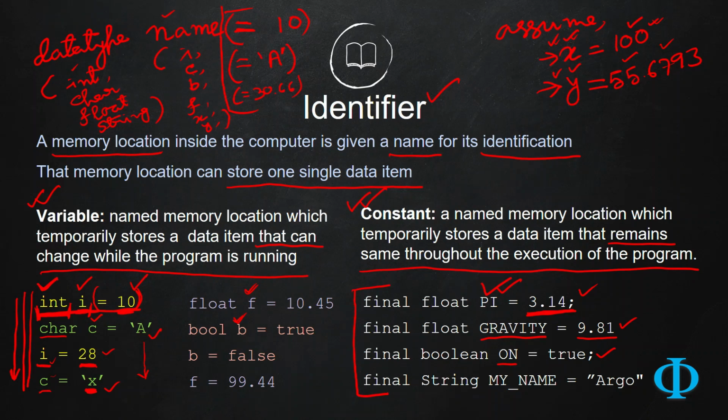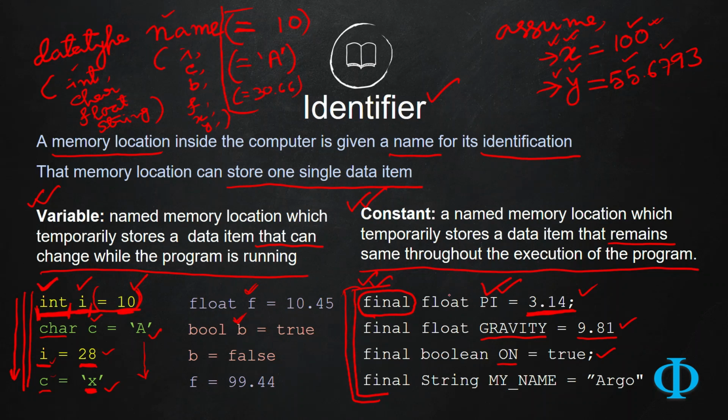Now the constant declaration, as you can see in the right hand side over here, are almost same as the variable declaration, but one minor difference. For every time I declare a constant, I have used something called final in the start of that statement.